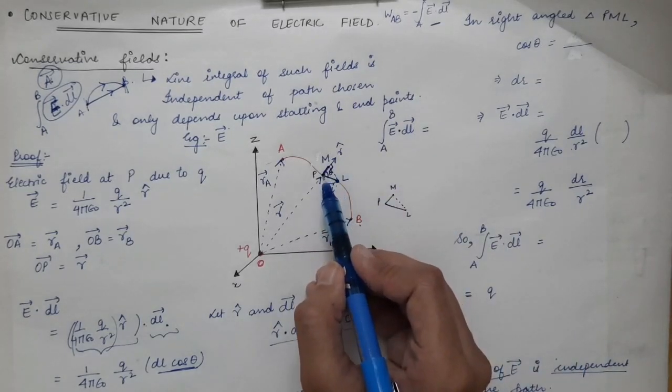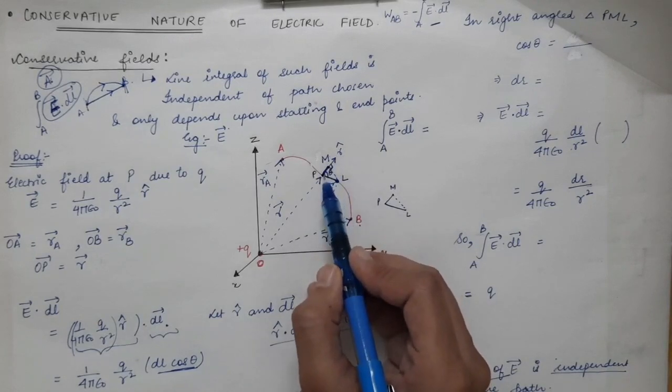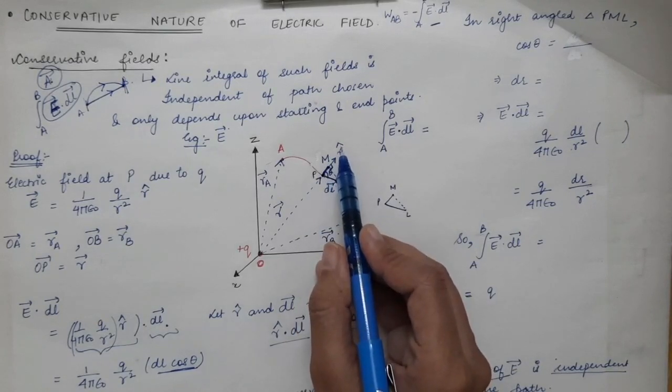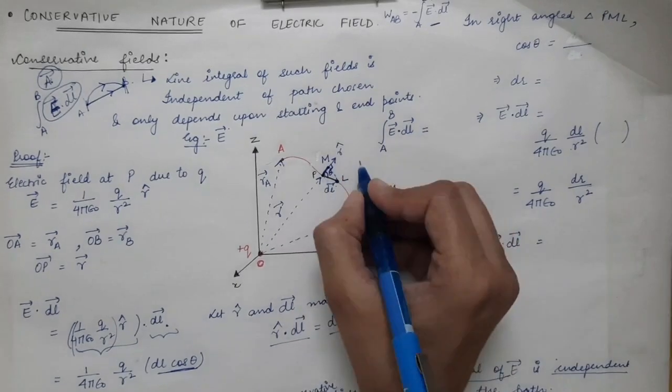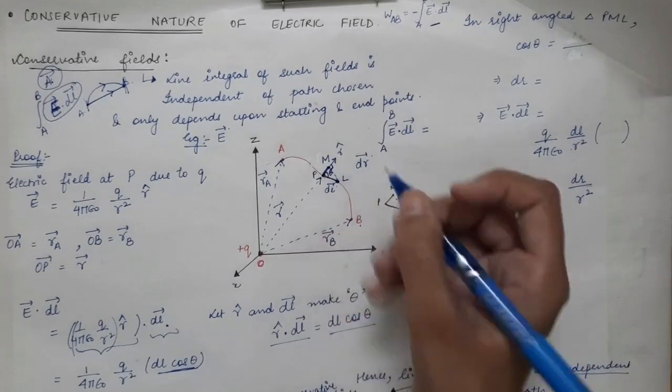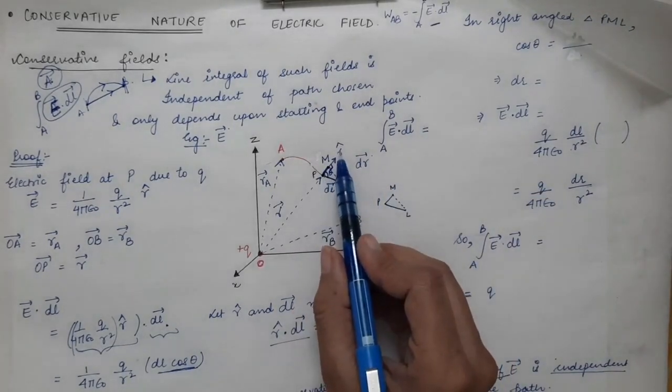It is the small displacement along R cap. And the small length element along R cap is written by dr vector. So dr vector is the small displacement along R cap.